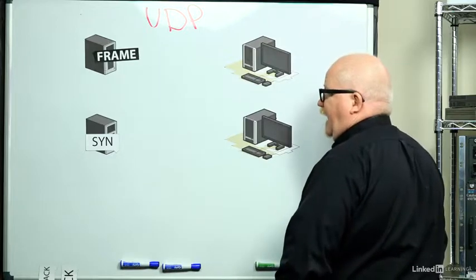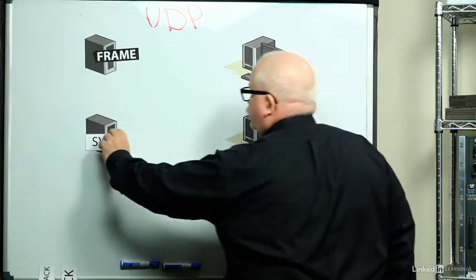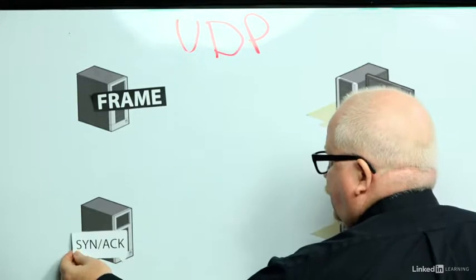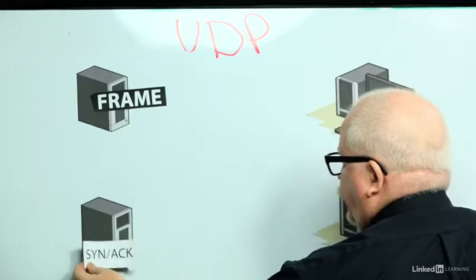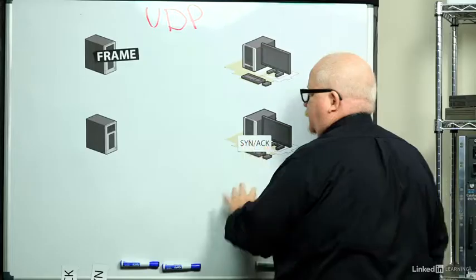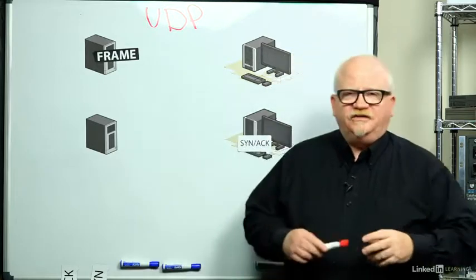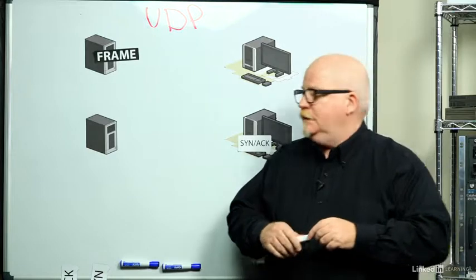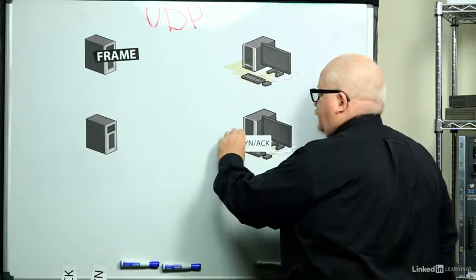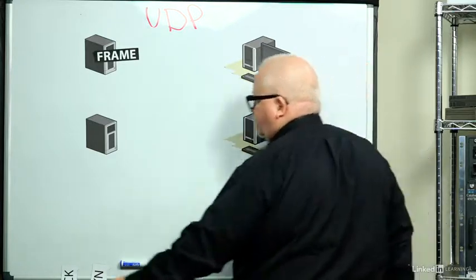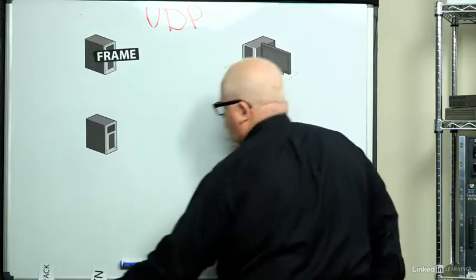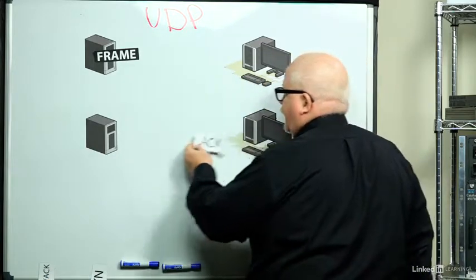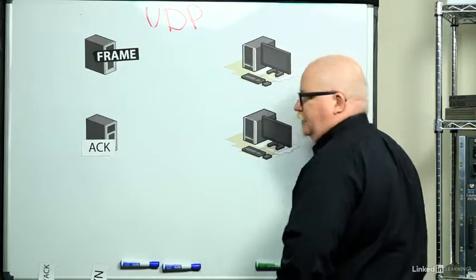Once the server sees that, if he's ready, and they usually are, he'll send a very specific response called a SYN-ACK. SYN-ACK is pretty much the, okay, I'm ready to go. Let me know when you're ready to go, client. So the client receives the SYN-ACK, so he knows that the server is ready to go. And then the client then sends an ACK to the server.